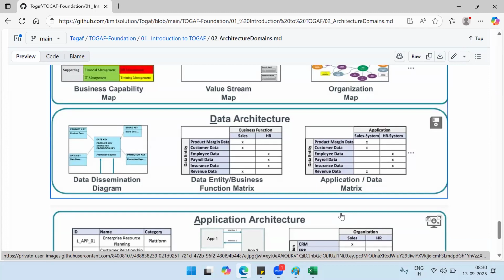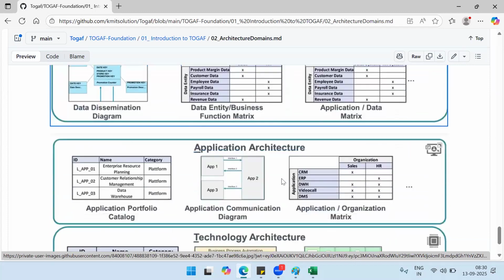That basically depicts the relationship between the data entities and the business functions. So that is basically the purpose of this data architecture.